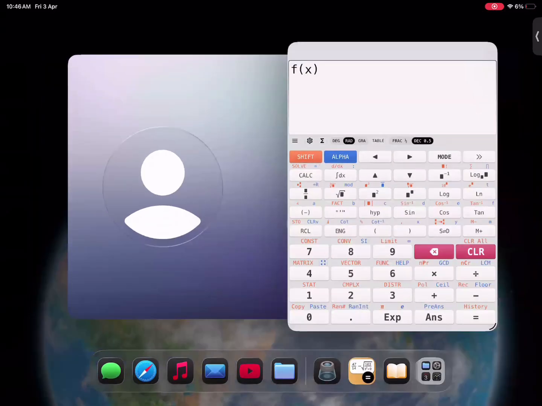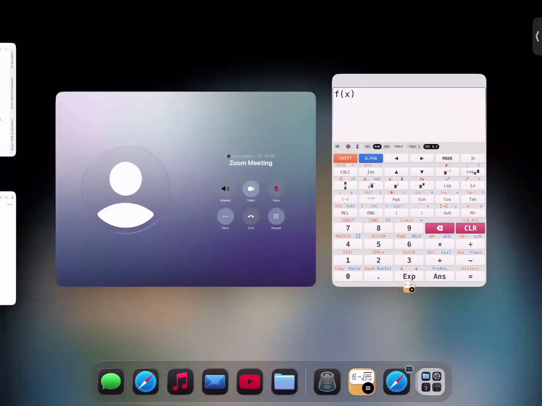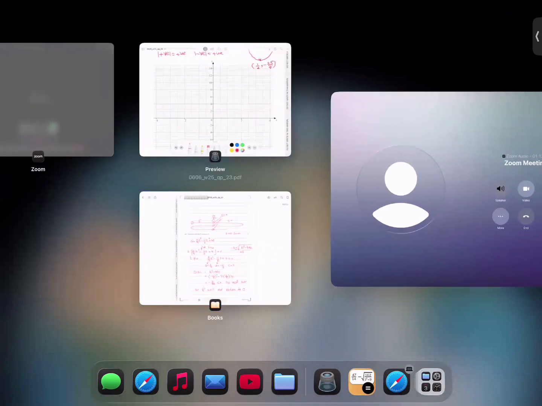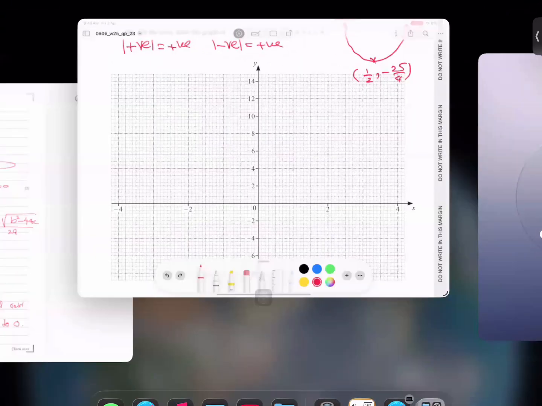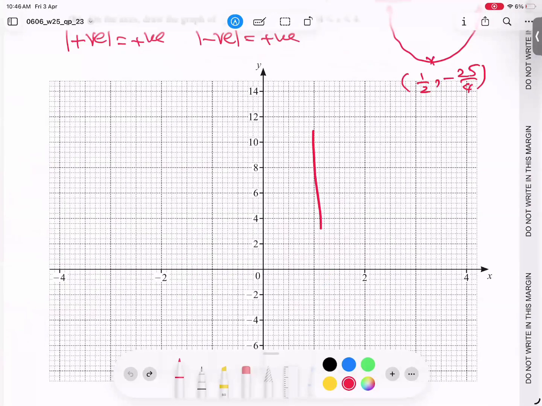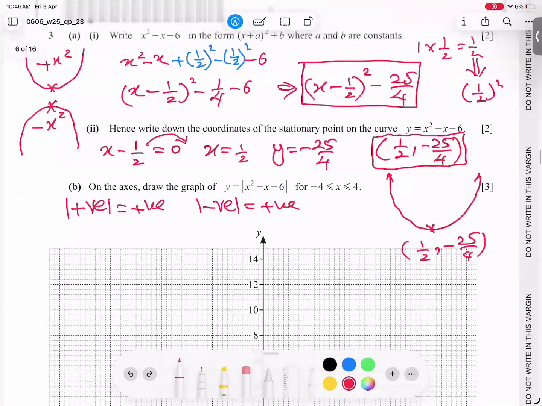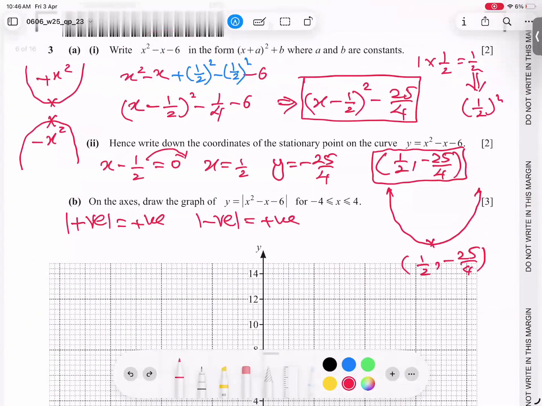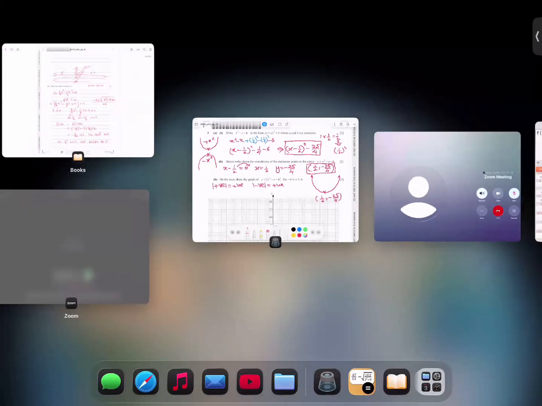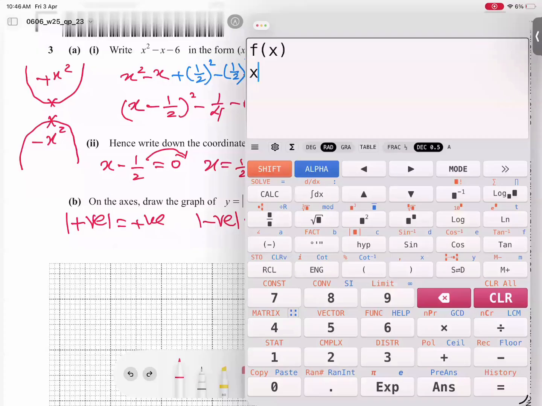If we go back and see the question, the question is x square minus x minus 6. So this is the question you can see, okay, and now I'm going to go in.